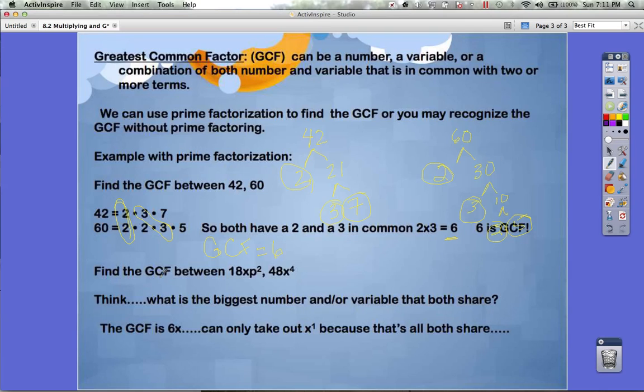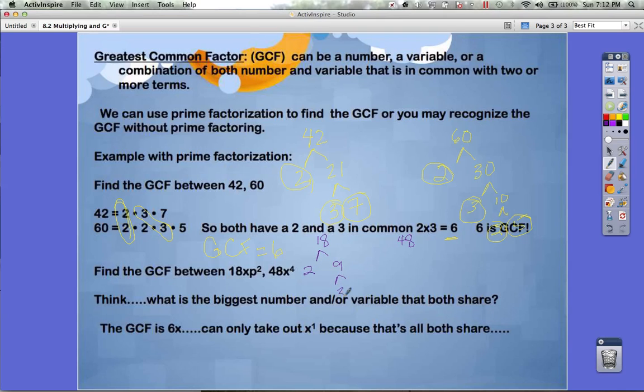Now, find the GCF between 18xy squared and 48x to the 4th power. Well, if you need to do a tree, you can do that. Okay, 18 and 48. And both of these are even. I'm going to start with a 2. 18 divided by 2 is 9.